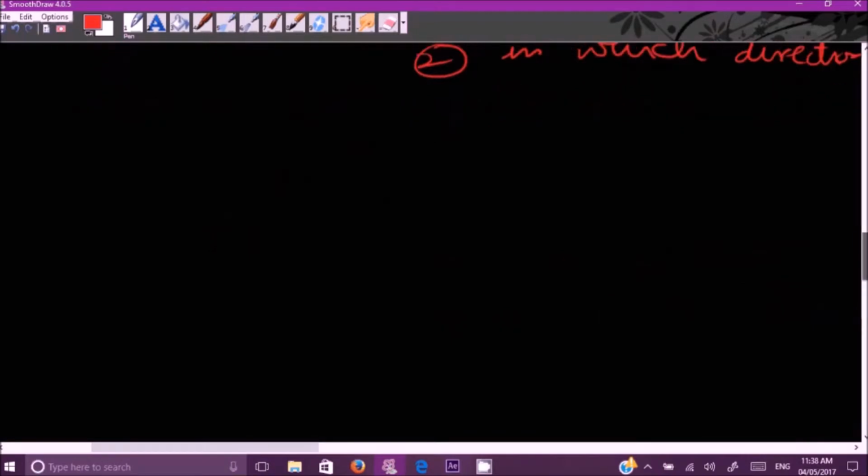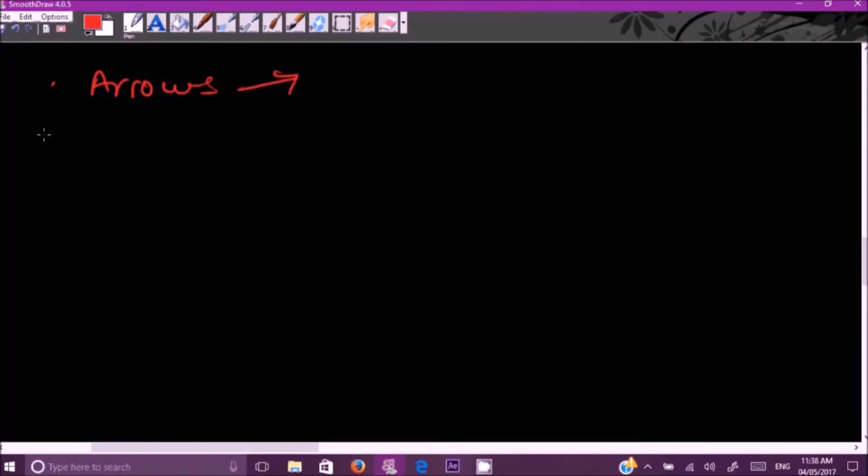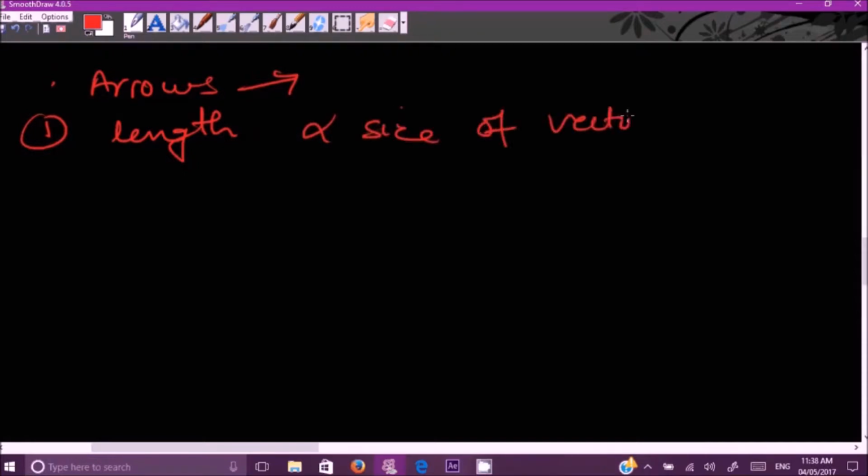So how can we represent a vector? Using arrows like this. There are two rules. The length of the arrow is proportional to the size of the vector, and the arrow points in the direction of your vector.